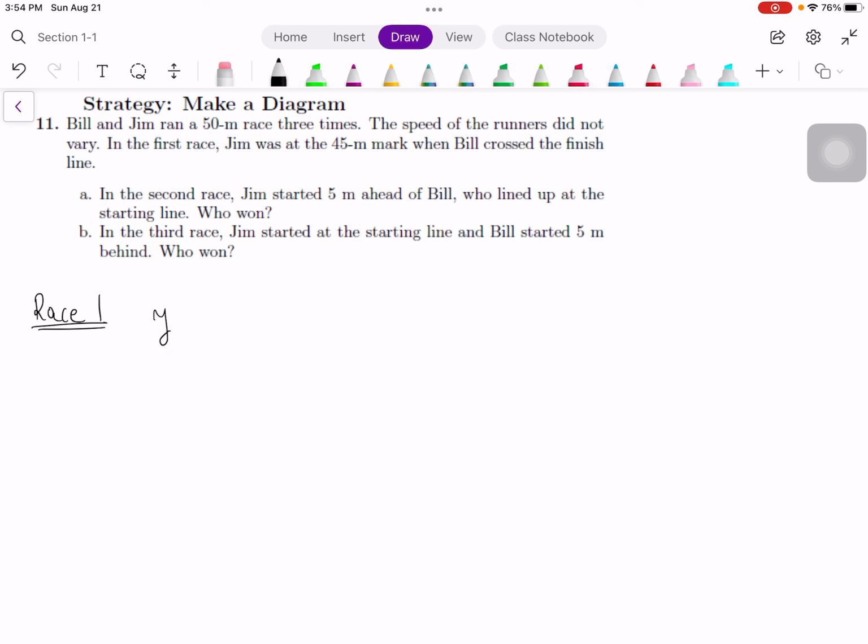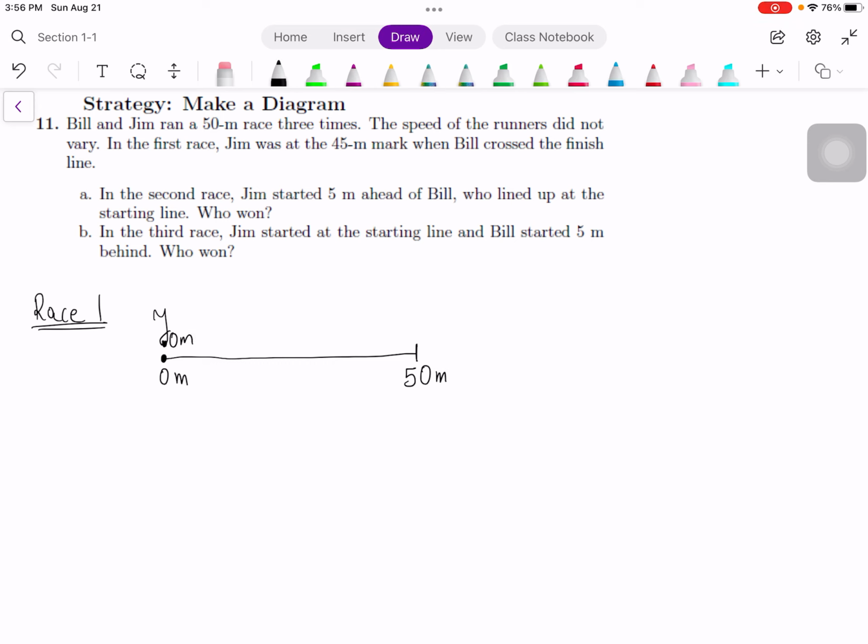I'm going to draw 2 scenarios. There's a starting point, 0, and then there is the 50-meter mark. In the first race, Jim was at the 45-meter mark when Bill crossed the finish line. Actually, I should have read it carefully.